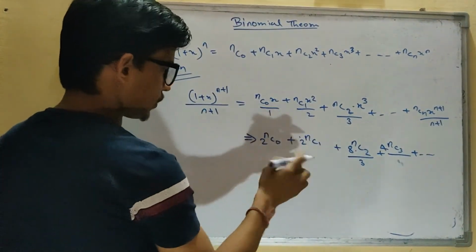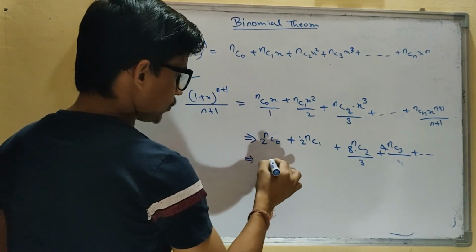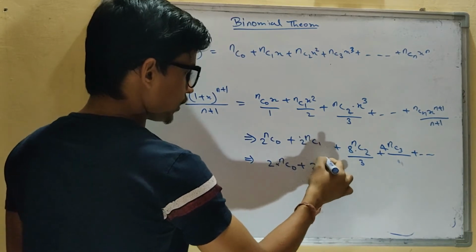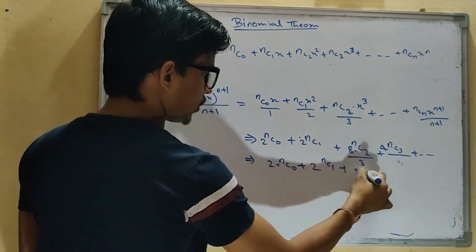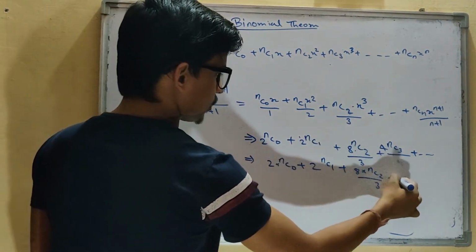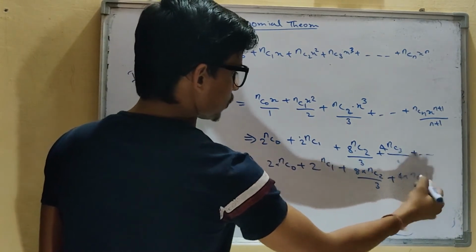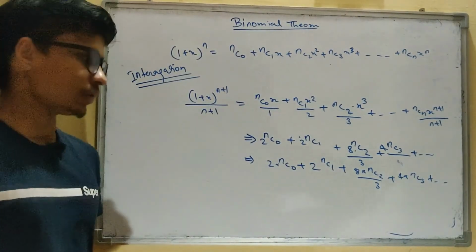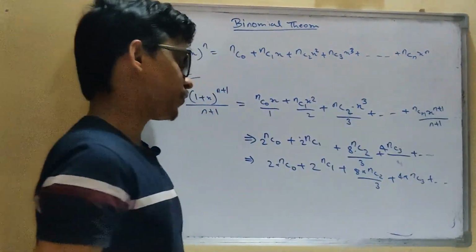Something like this: 2 to the power 2 nC0 plus 2nC1 plus 8 into nC2 divided by 3 plus 4 into nC3 and so on. You have to find the value of this.